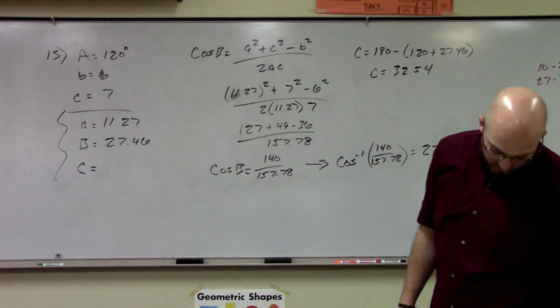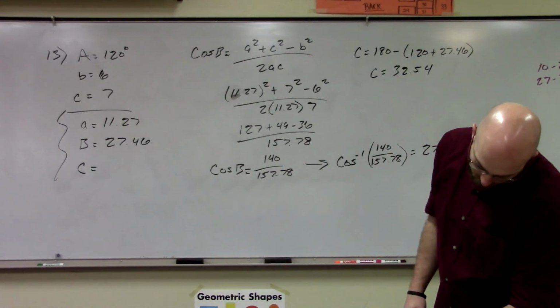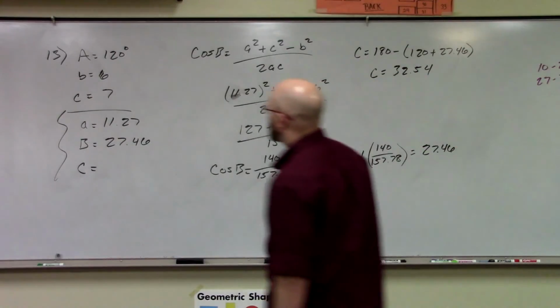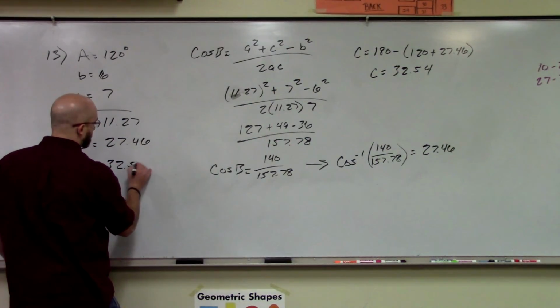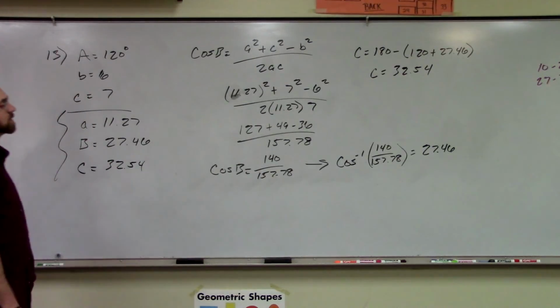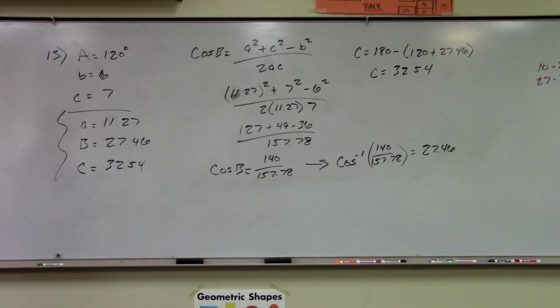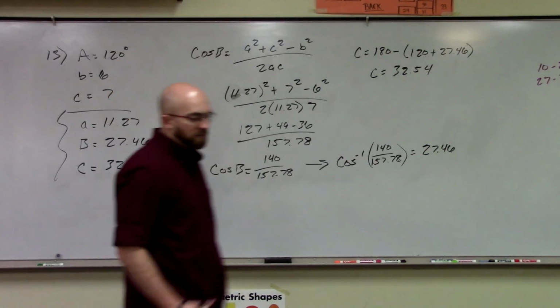Okay, I check my answers. 13, that's what they got too. So there's two examples of law of cosines. They're two different examples, but it is pretty easy. You just plug it in and go. So that's it for law of cosines.